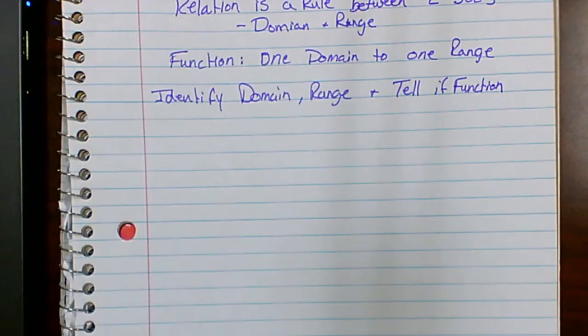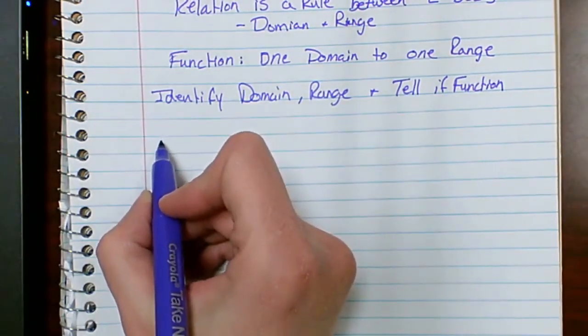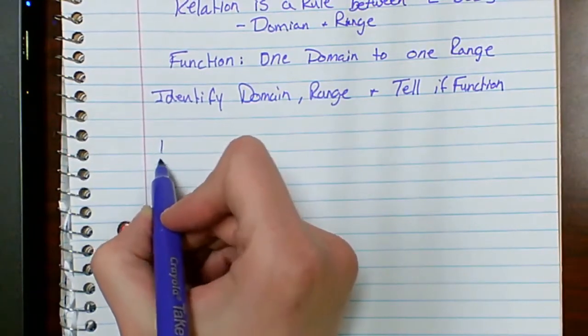You can have a map, you can have ordered pairs, a graph, or you can tell by an equation. And we're going to look at all of these in one video. So let's look at the first one. We are going to look at a map.